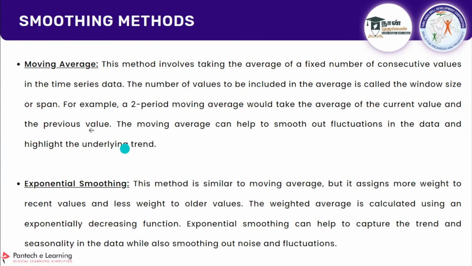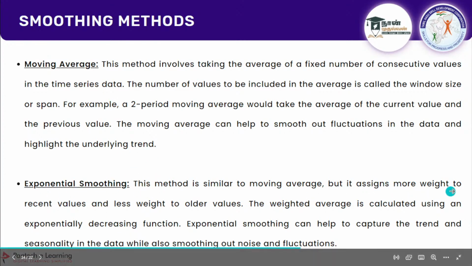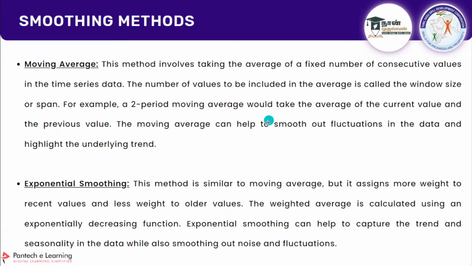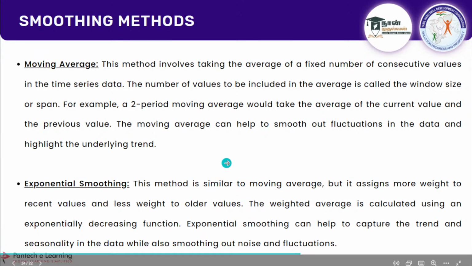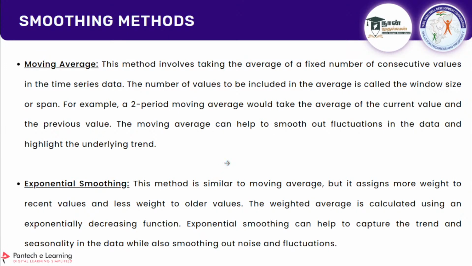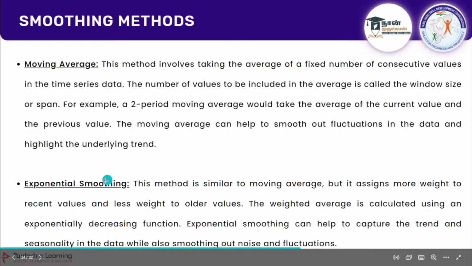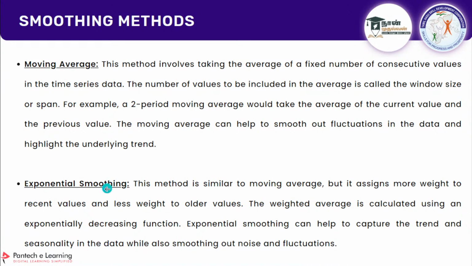But in exponential smoothing, you will assign more weight to the recent value and less weight to the older value, which means you will take the majority from that place. For example, for the fourth value, you will take 75% of the fourth value, and for the third value, you will take 25%, based on the weights. With that you can place more weight on that particular point.